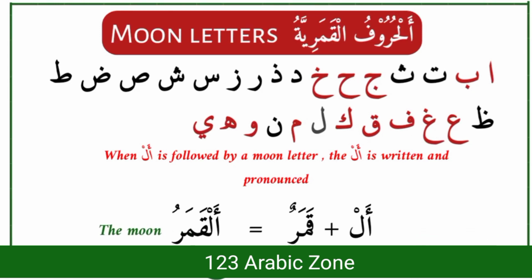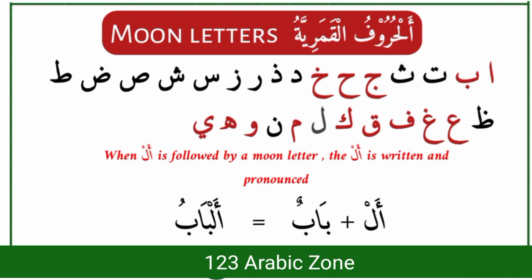The next example is al babun, which equals al babu, meaning the door. So here it is written and also pronounced. If any one of the moon letters come, the al is written and pronounced.